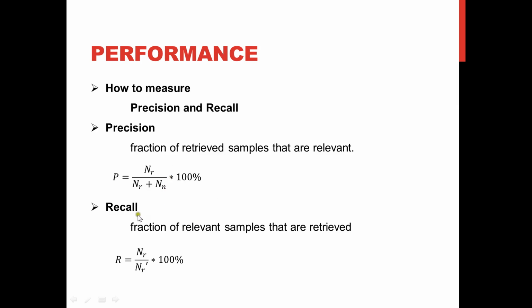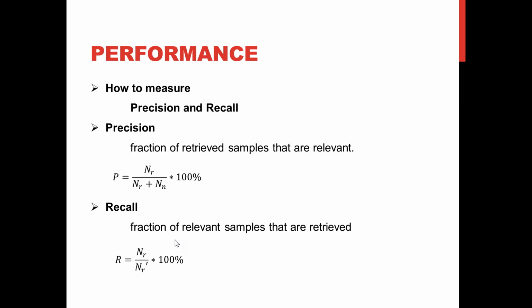This is recall. Recall means the fraction of the relevant samples that are retrieved, which means this NR is the number of relevant samples you retrieved, and NR prime is the total number of relevant samples. So this is the recall. Very simple.